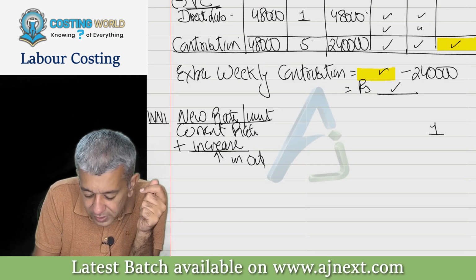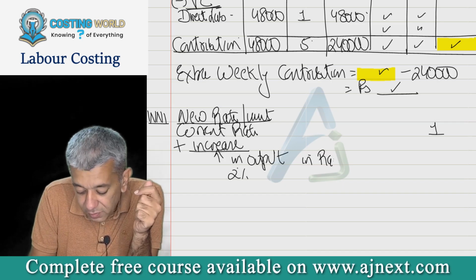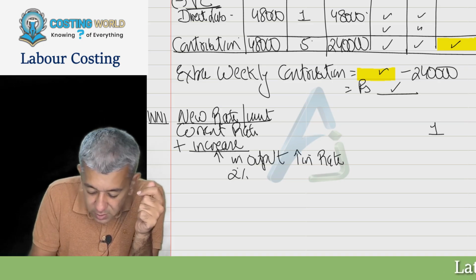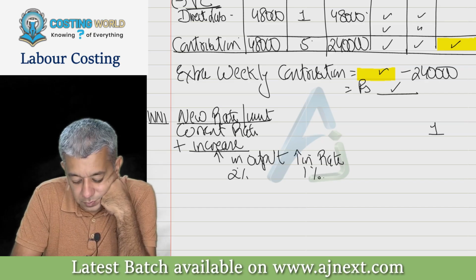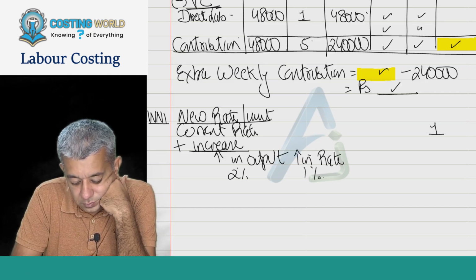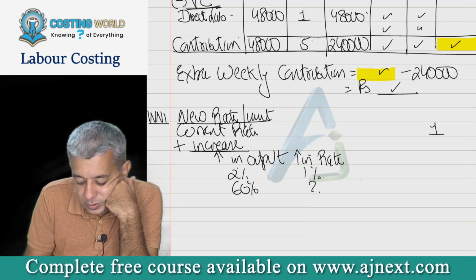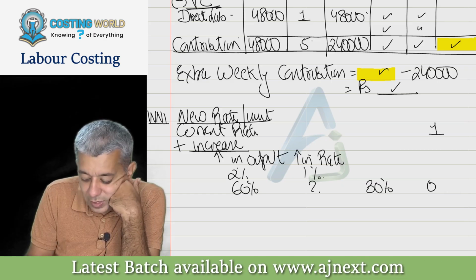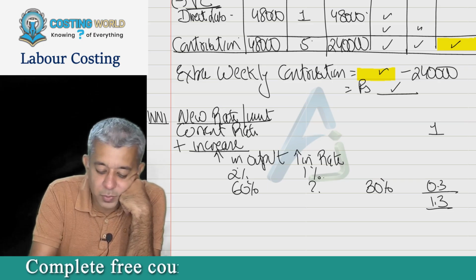Whenever output increases by 2%, rate will increase by 1%. So, whenever output increases by 60%, the rate increases by 30%. So, 0.3, it will increase by, so new rate will be 1.3. So, you can put over here 1.3.